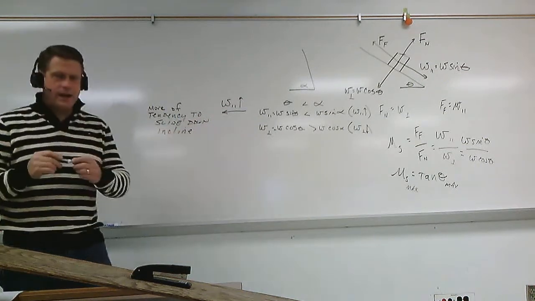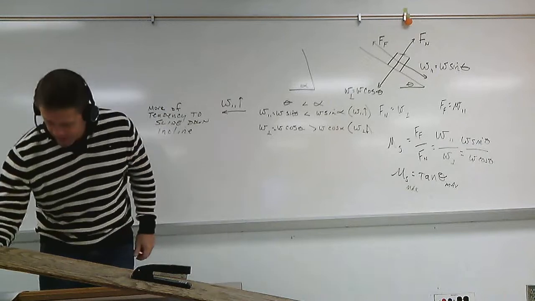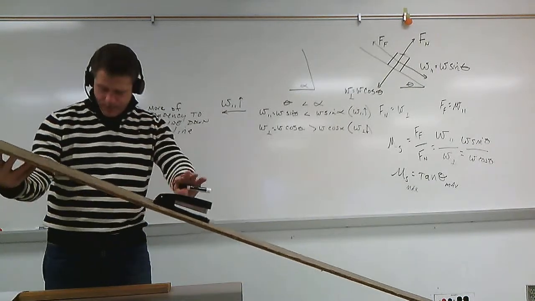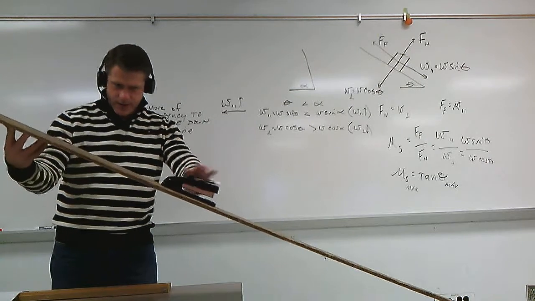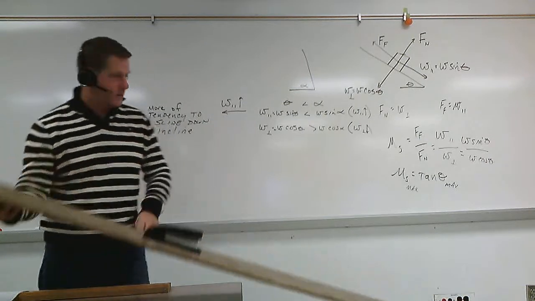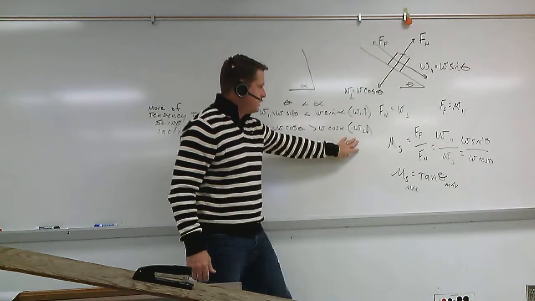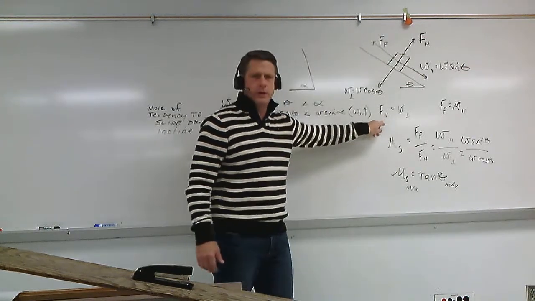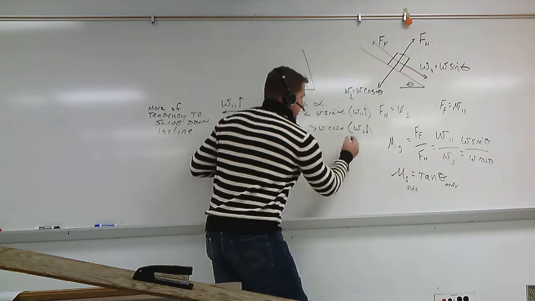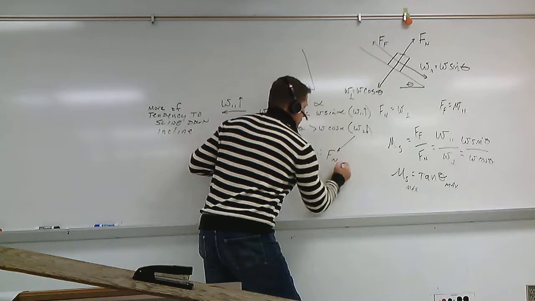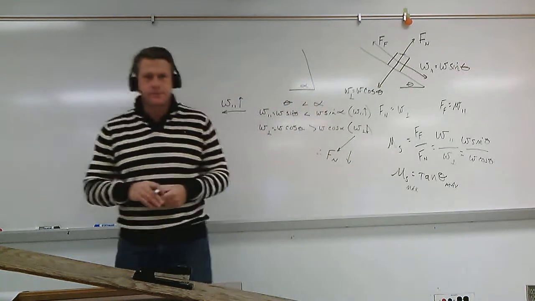What happens if W perpendicular gets smaller as the angle gets bigger? Well, what does W perpendicular equal? It equals the normal force. So if W perpendicular is getting smaller, therefore my normal force is getting smaller.